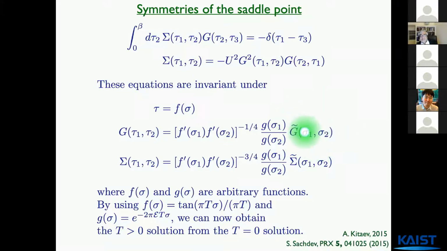So most of these G tildes are totally useless, at least for the saddle point. But as we'll see, this symmetry is very important for the fluctuations about the saddle point, the structure of the fluctuations. In particular, choosing an f of sigma that maps the line to the circle, you can get the finite temperature result that I showed you earlier. Okay.